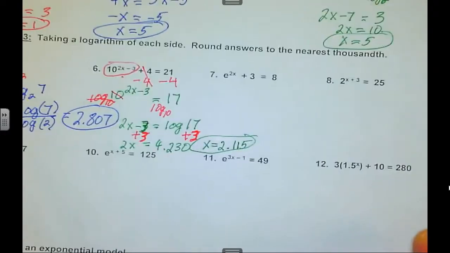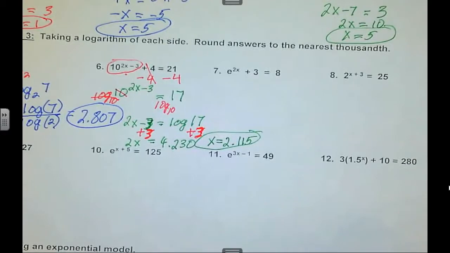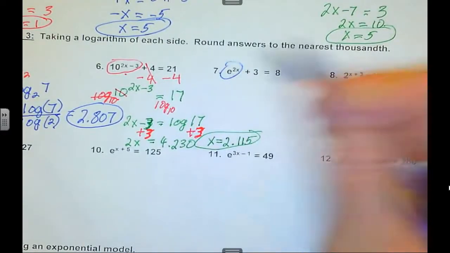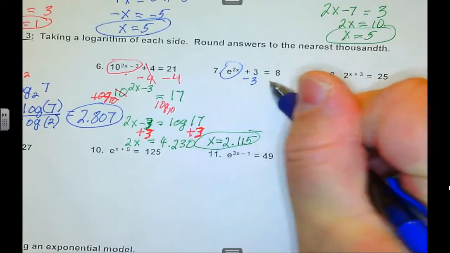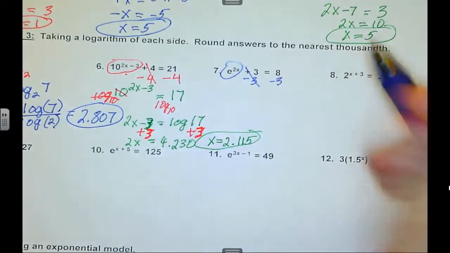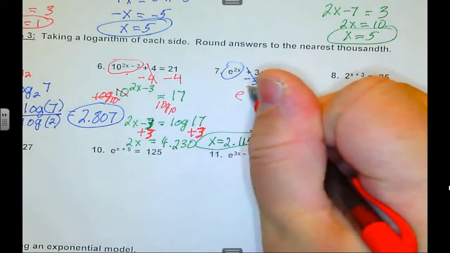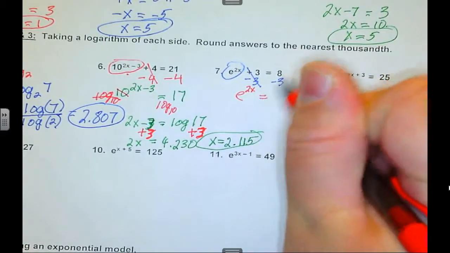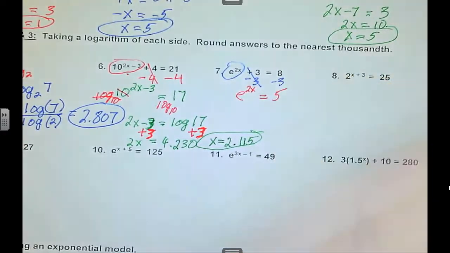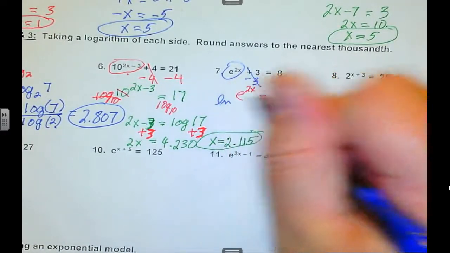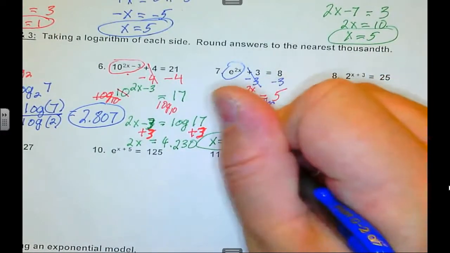How about number 7? I have to get this term by itself. I'm going to subtract 3. So I get e to the 2x equals 8 minus 3 is 5. This time I have to use a natural log, right? Because I have e. ln of both sides.